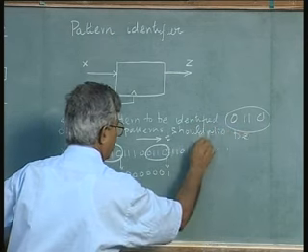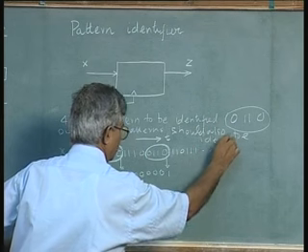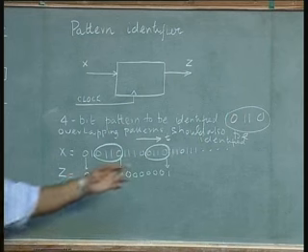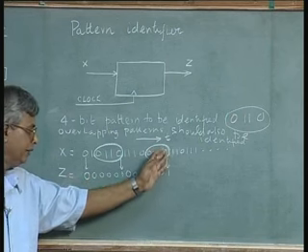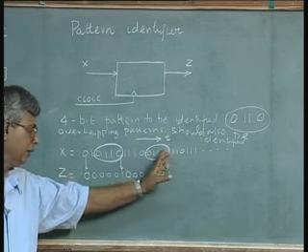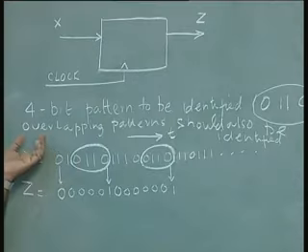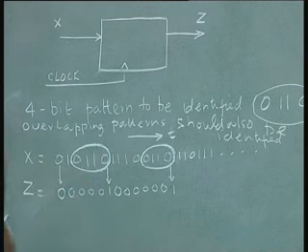If you say that, then you are very sure of what you should do. If you are not given this, then you are not sure whether I should count this 0 as a new pattern or consider this closed and start again here. Since I am not specifically saying overlapping patterns should be identified, see, the specification is very important.